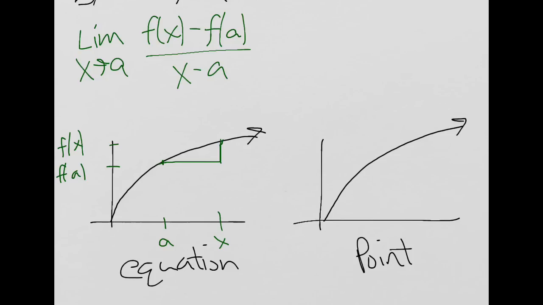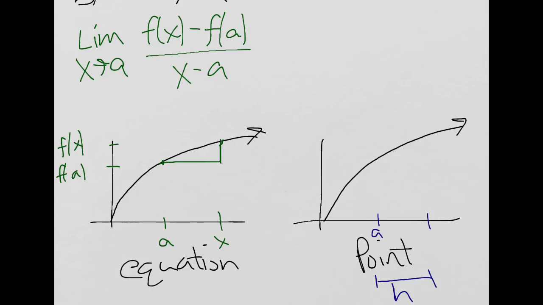So the other option is at a point, and this one I think is actually a little bit easier to work with for polynomials, and I'll show you an example. So I'm going to let this first point be a, and then I'm going to let this distance be h.